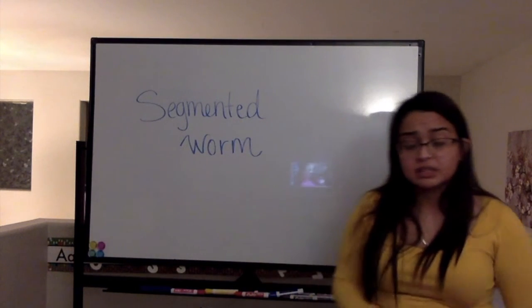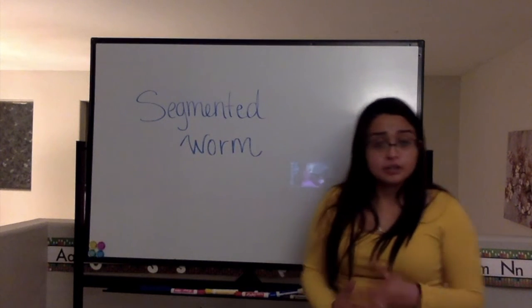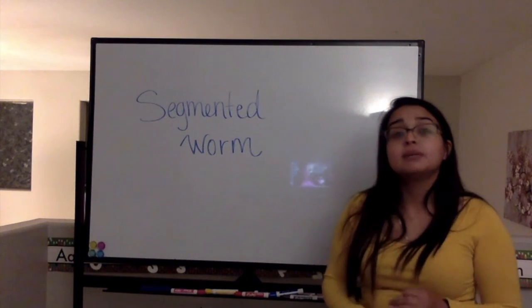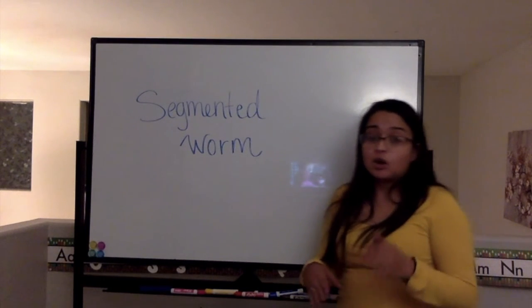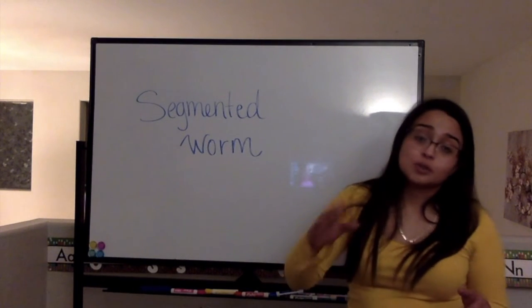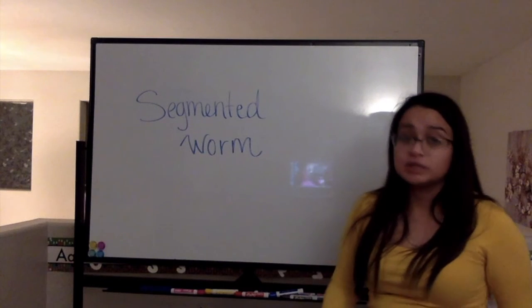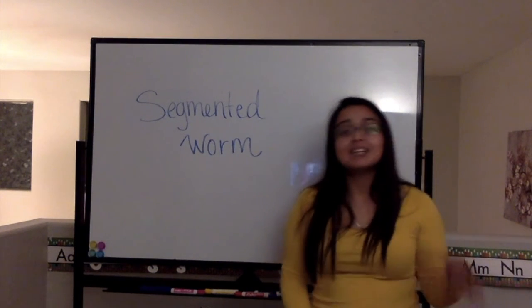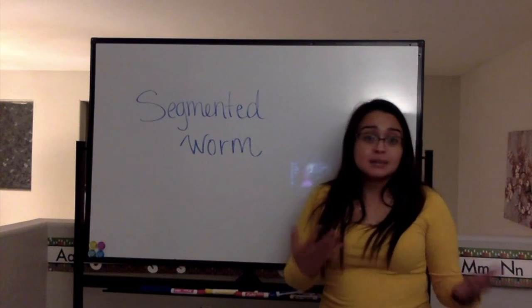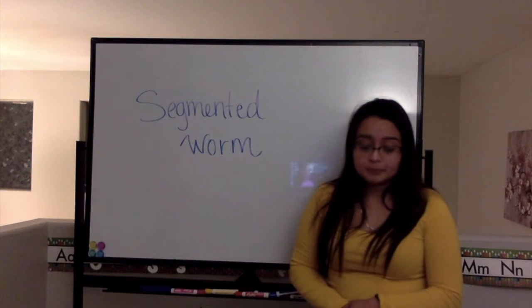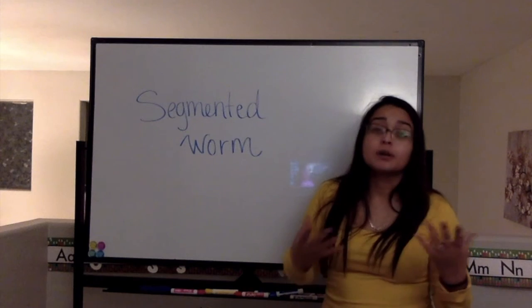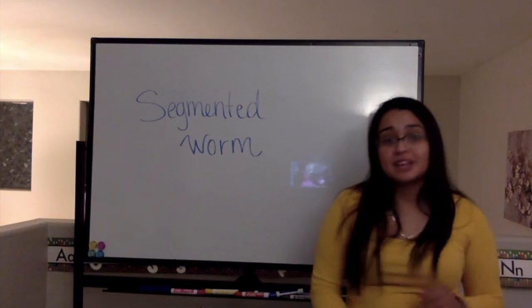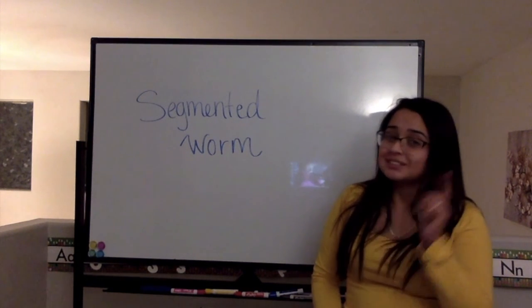And actually, the waste of an earthworm is extremely good for plant growth. And also because of the earthworms moving through the soil, it loosens it up and makes it a better area for plant growth. So that's a fun fact about earthworms.